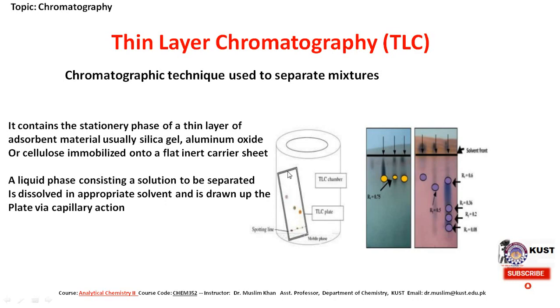So how are these plates basically prepared? TLC plates are usually commercially available with a standard particle size and range to improve reproducibility. They are prepared by mixing an adsorbent like silica gel or aluminum oxide with a small amount of inert binder like calcium sulfate, gypsum, and water.